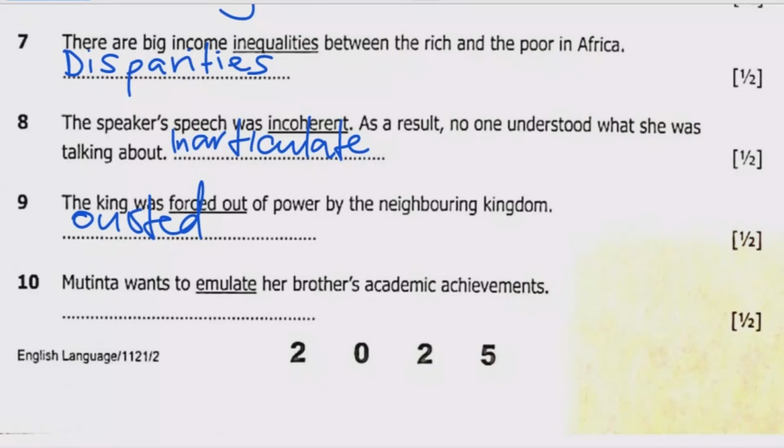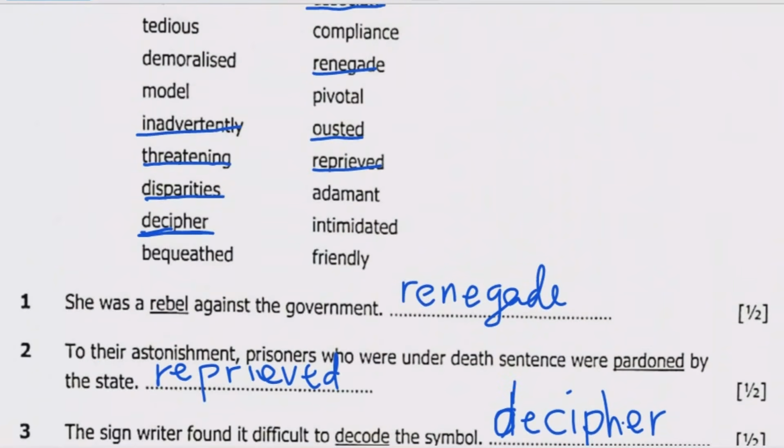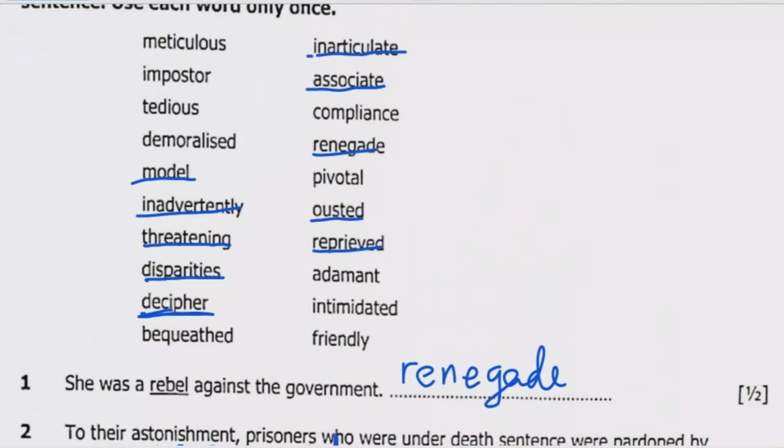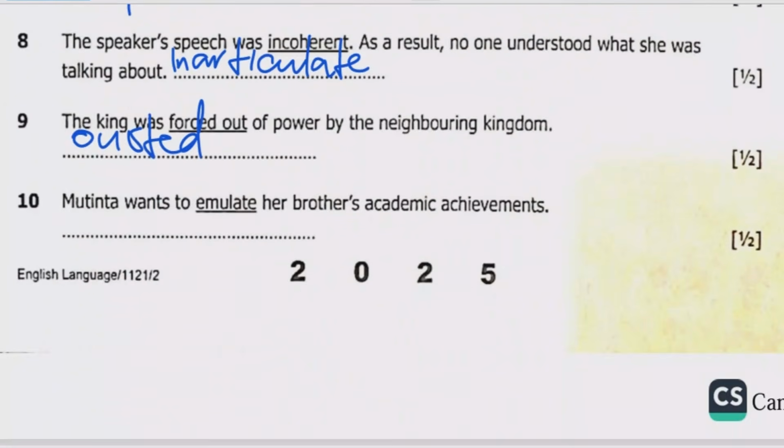So what word means trying to follow or copy? The correct word is model, or imitate. So to model someone means to imitate or follow the example. The correct word is model.